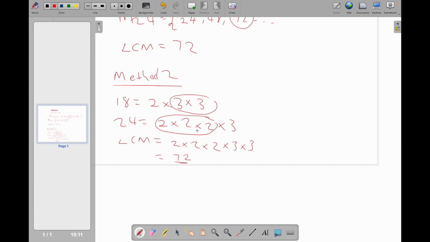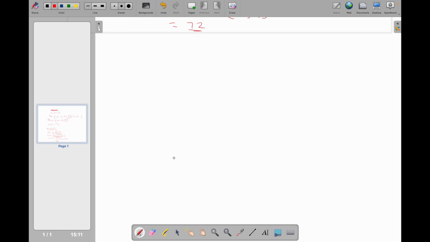When we are looking for the lowest common multiple, you find which number appears the most and you take it from there. Here we have one 2 and here we have three 2's, so we took three 2's. Here we have one 3 and here we have two 3's, and we took two 3's to get our answer. And just like the highest common factor, we also have a third method, method 3.